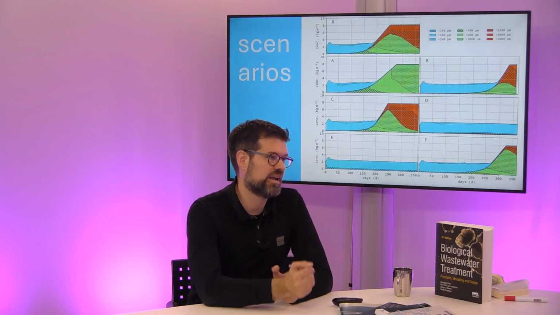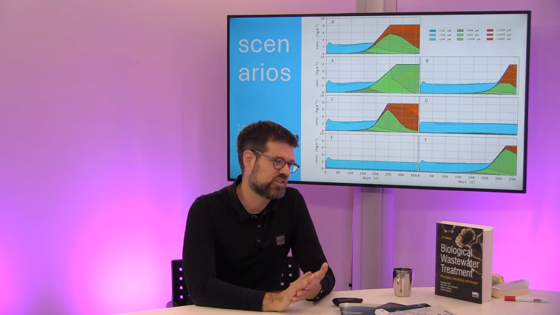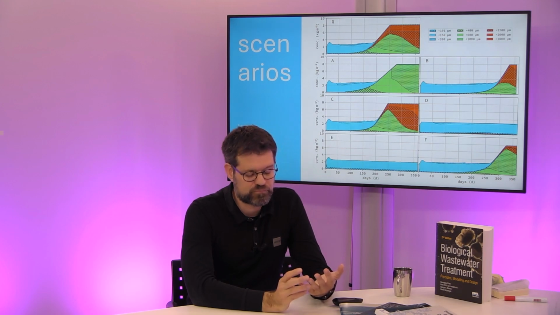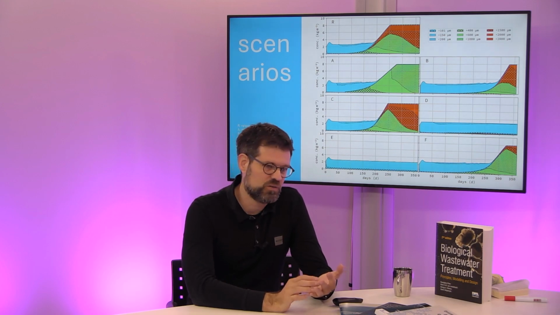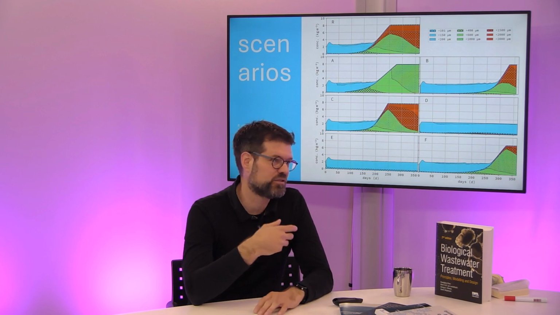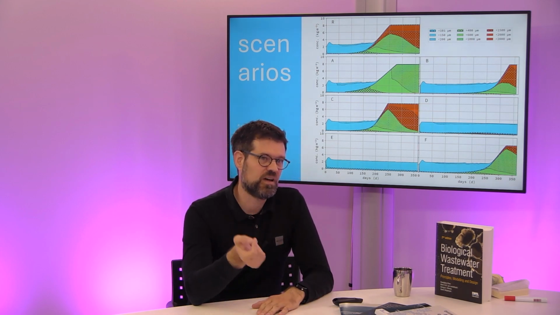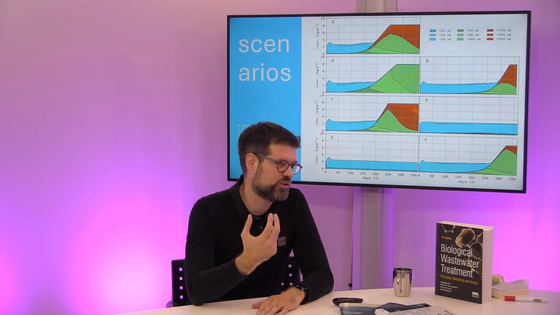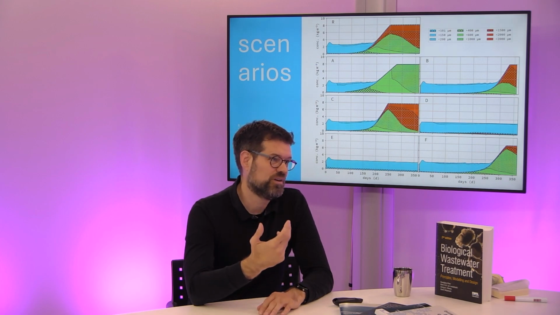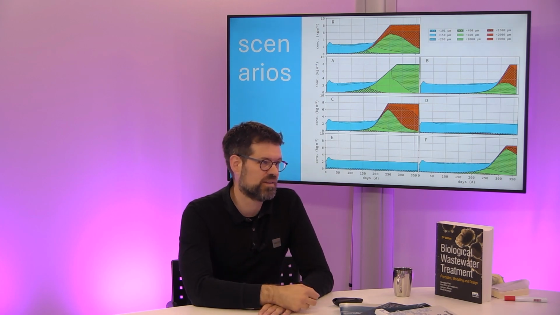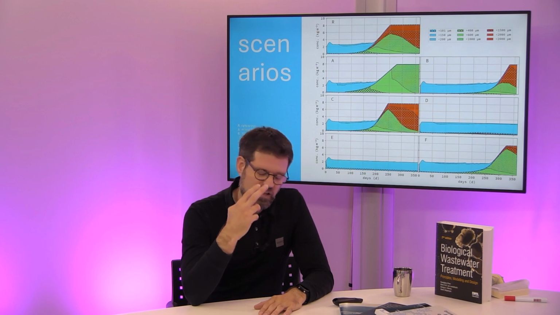So we ran a lot of scenarios, and I put a few in the slides. We had the reference reactor, but we also looked at what happens when we get rid of the plug flow feeding, what happens when we get rid of the preferential settling of the larger granules, and what does the sludge selection do when we don't waste flocs anymore, and so on and so forth.